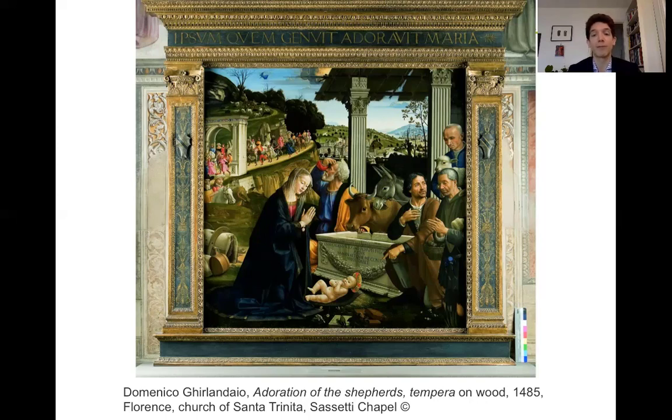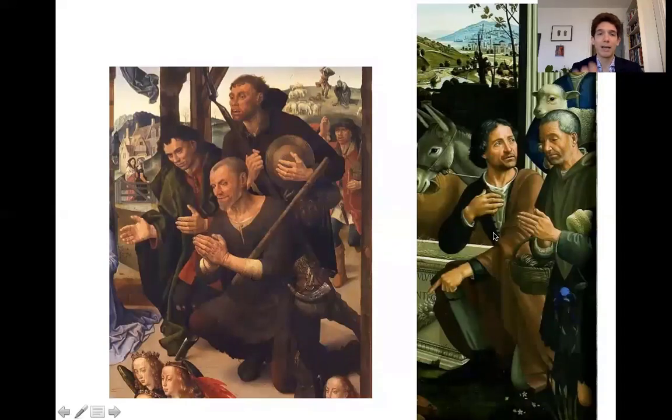This is a painting dated 1485 that was made for the Sassetti Chapel in the Church of Santa Trinita in Florence. Well, if you look carefully, especially here, at the figure on the right, you see that Ghirlandaio took time to study and understand the naturalism of Hugo van der Goes' painting.